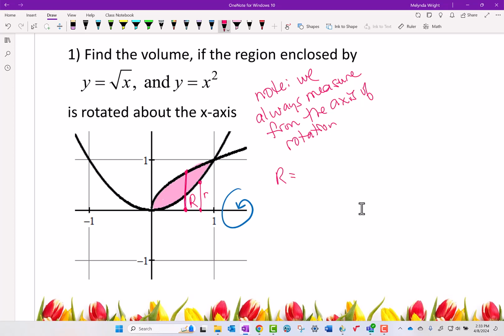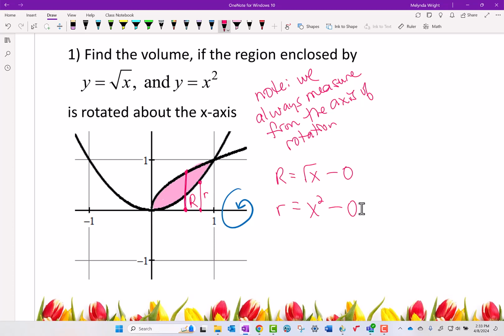That's square root of x. And little is x equals 0. So it's really just square root of x. Little r, the big is going to be this parabola, which is x squared. And the little is, you know, y equals 0, which is 0.